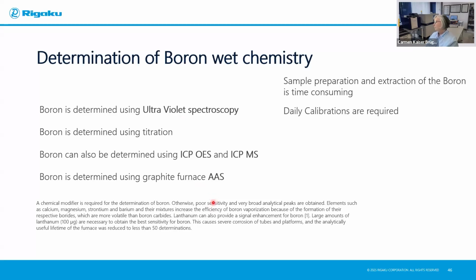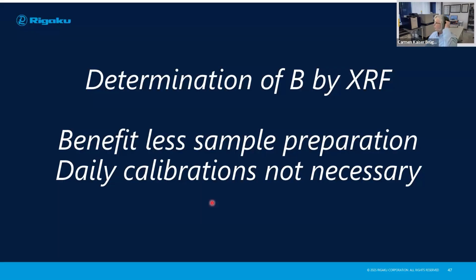So XRF is once again quite a nice benefit to have in an XRF lab to be able to do boron, because once again we have a much easier way of sample preparation, and we don't have to worry too much about doing daily calibrations.